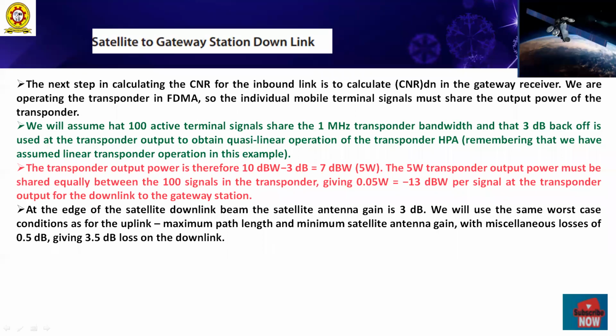Because sometimes all these transponders operate under FDMA principles. What is FDMA? We will watch this in our future lessons regarding multiple access techniques. So our transponders are operating under FDMA.